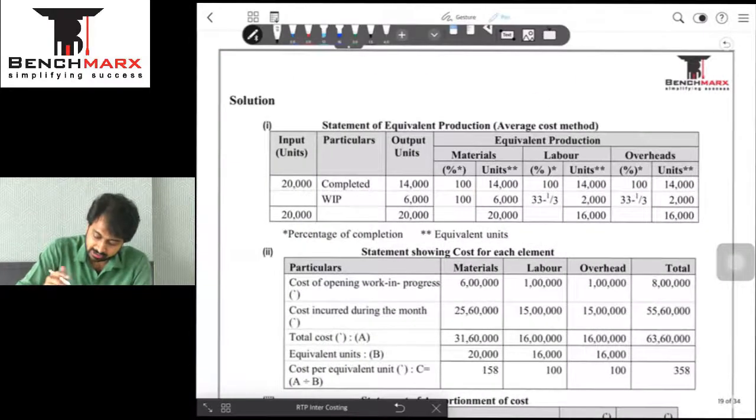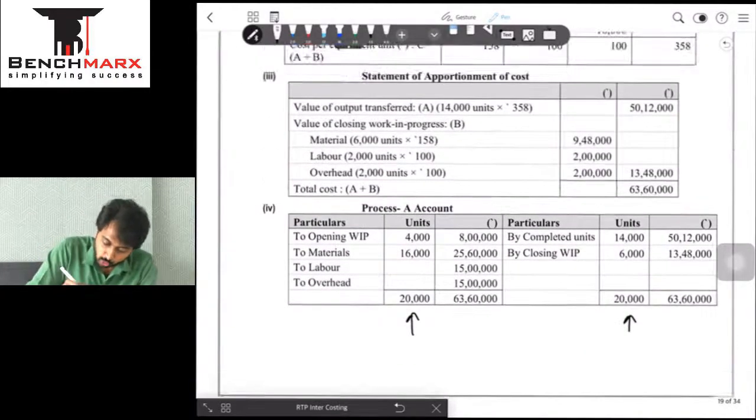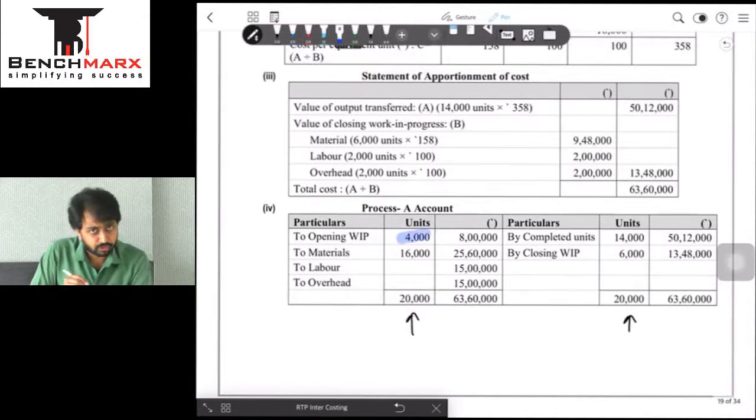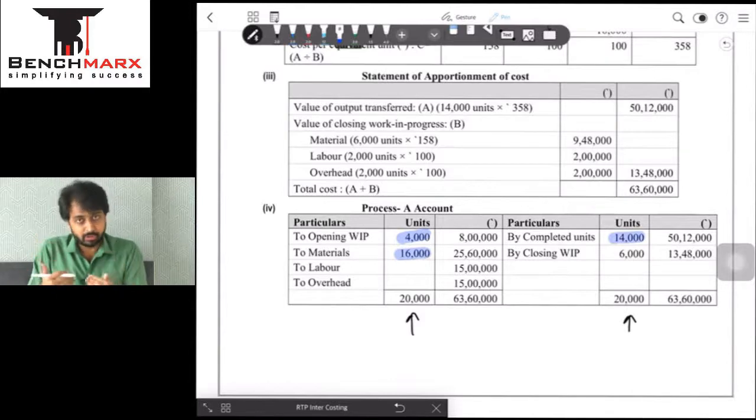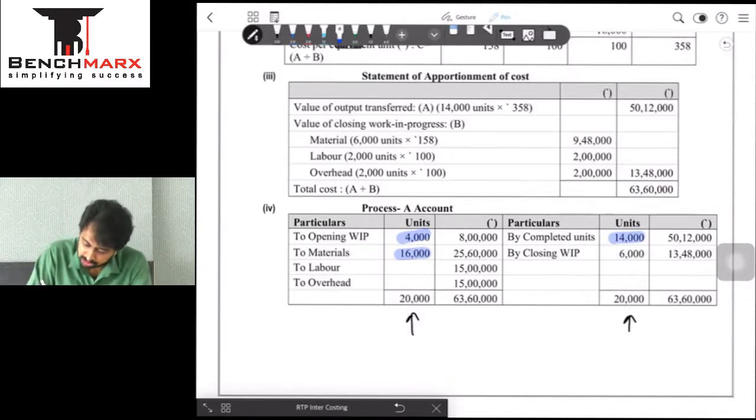We will verify this. Opening was 4,000, given to us in the question. We have input 16,000, we have transferred 14,000 because they are finished. If I am doing a process account and there is an element of finished goods, obviously I will transfer them. There is no need to keep finished goods in my WIP account, and then closing will be as given to us. So this 20 and this 20 is tying up.